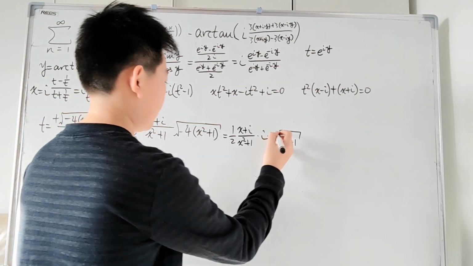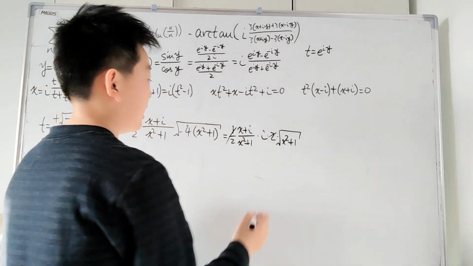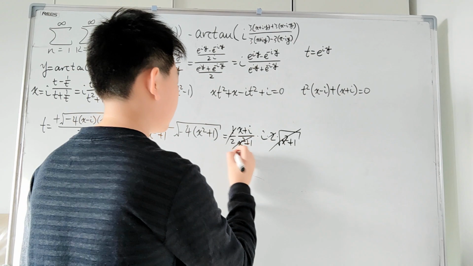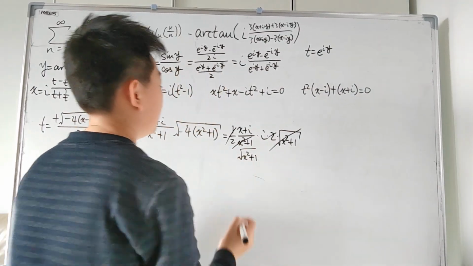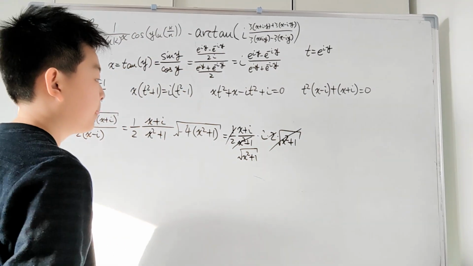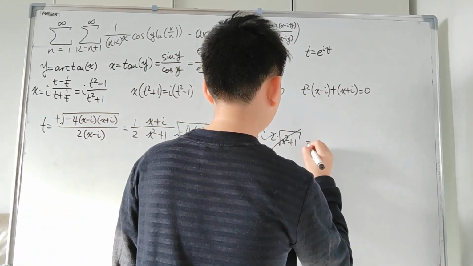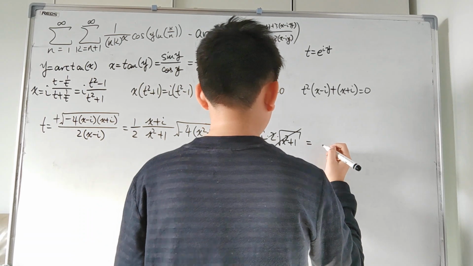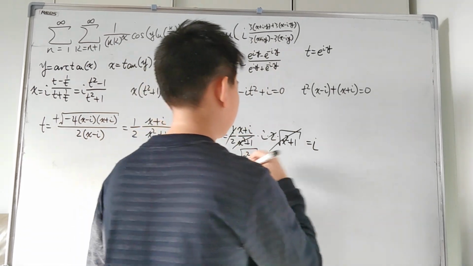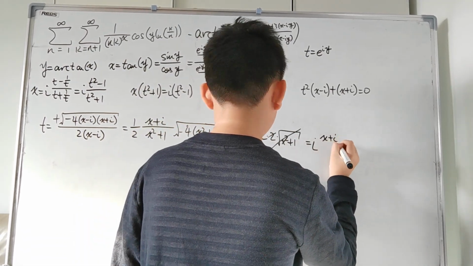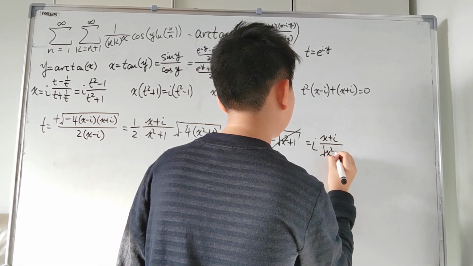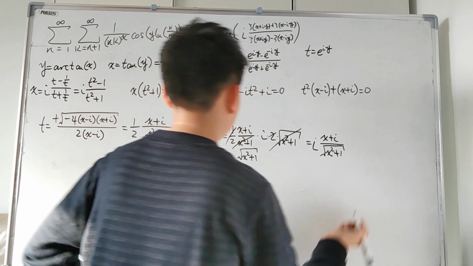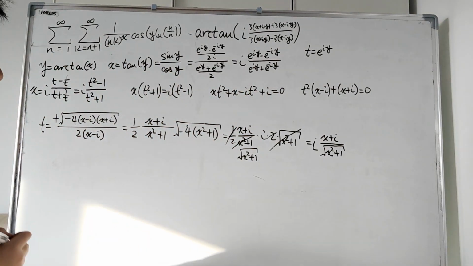And then obviously we have cancellations, and this will turn into the square root of x squared plus 1. So here we have our final value for t being equal to i times x plus i over the square root of x squared plus 1. How delightful.